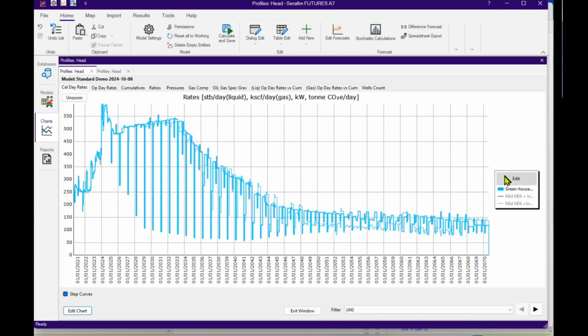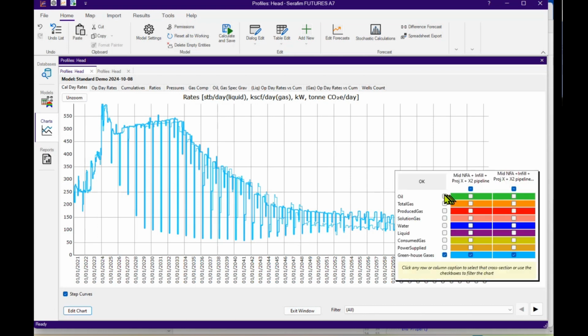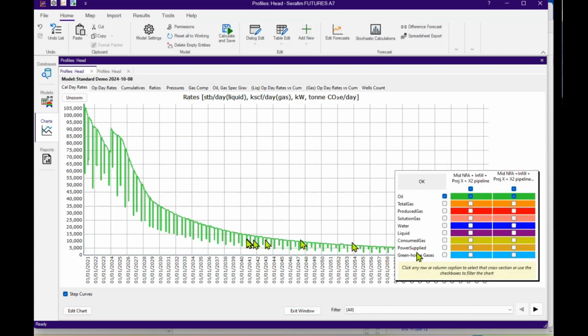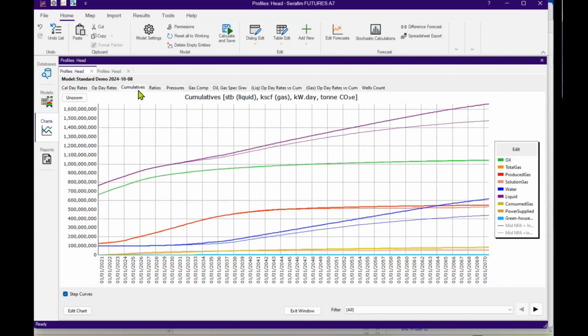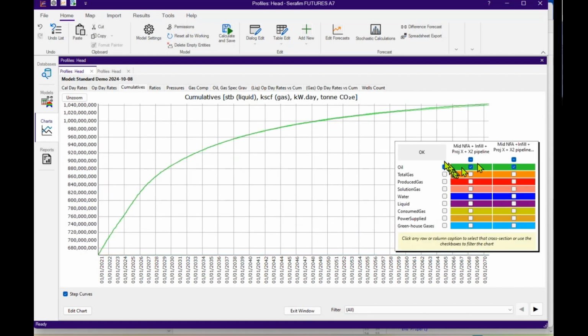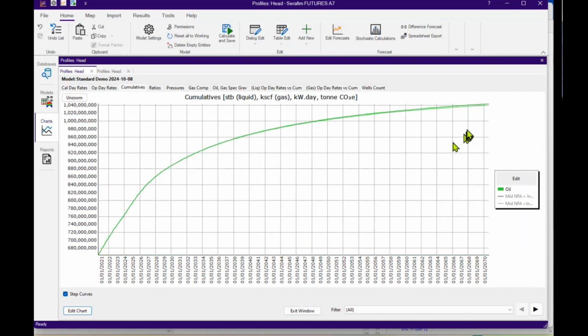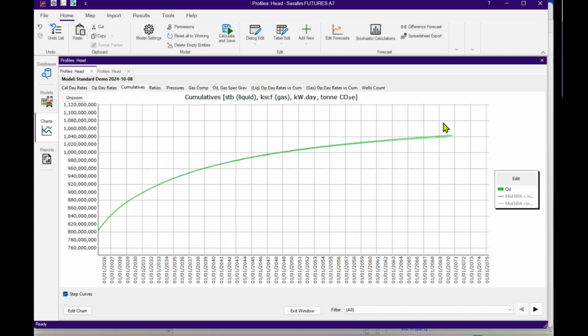And in terms of the result in terms of oil, we'll see it's very small. We can give the total. You can see it more clearly on the cumulative.